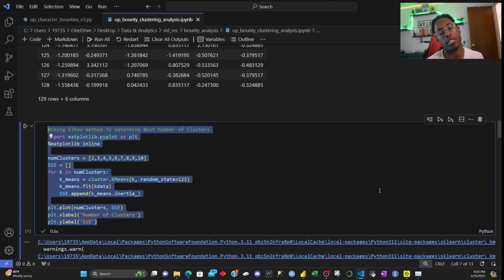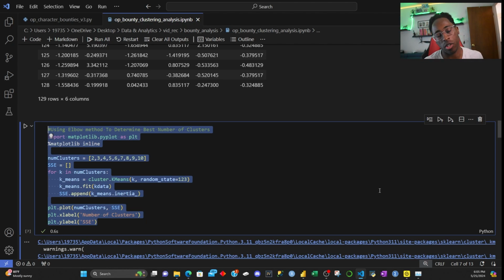One simple technique is called the elbow method, and what the elbow method does is use a metric called sum of squared errors, which essentially looks at the data points and sees how close they are to the center of a particular group, and then kind of stores that number and compares it against the same number for different numbers of groups.